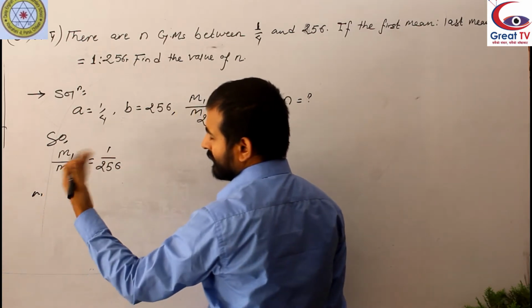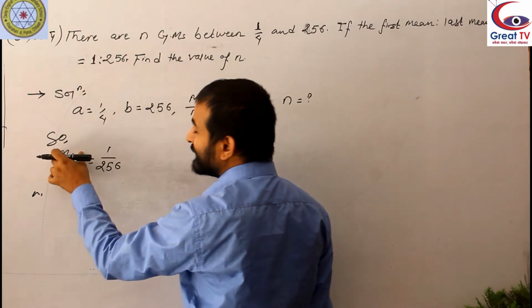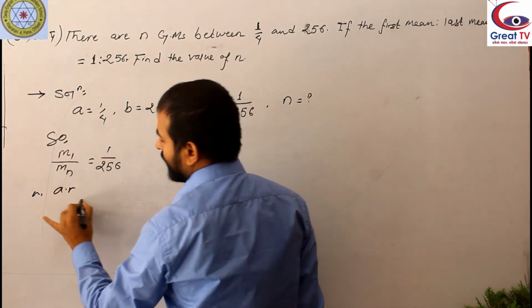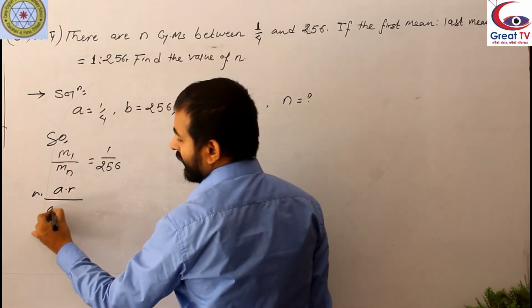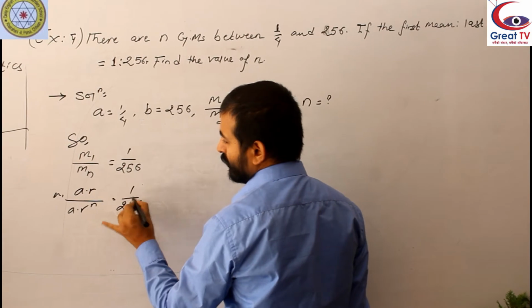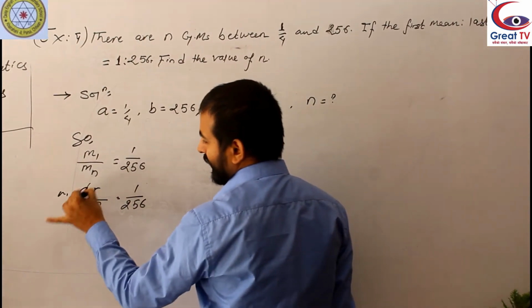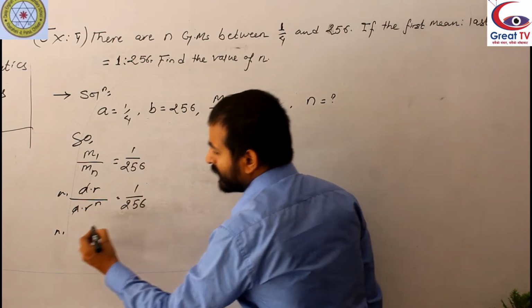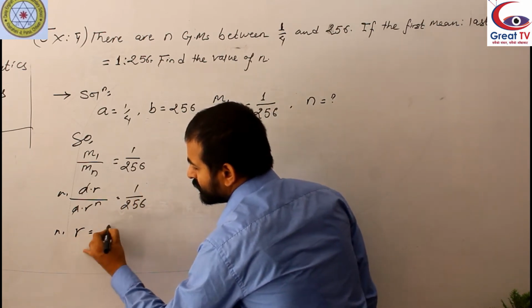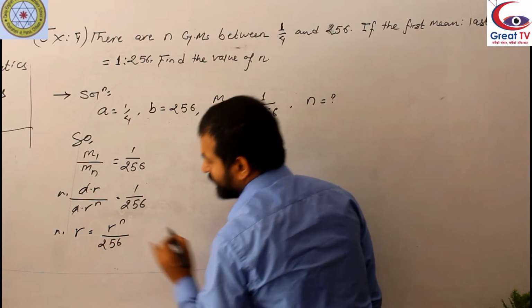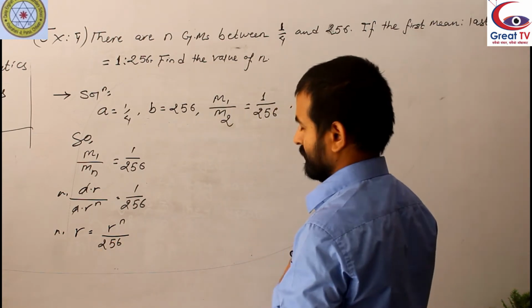So now you should be able to interpret means in terms of first term and ratio. So m1 is a·r. Now mn is a·r^n. Don't forget, it has been told to you many times. Now a and a will be cancelled. So now we can make one equation, that is r equals r^n by 256. Yes or no? Yes.